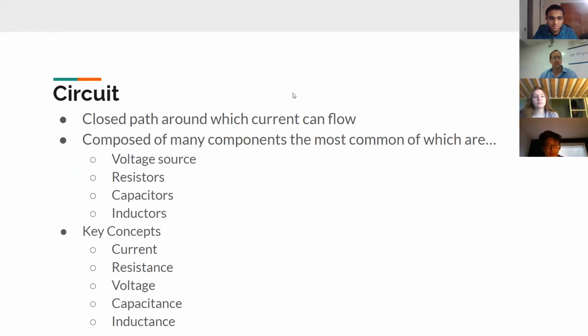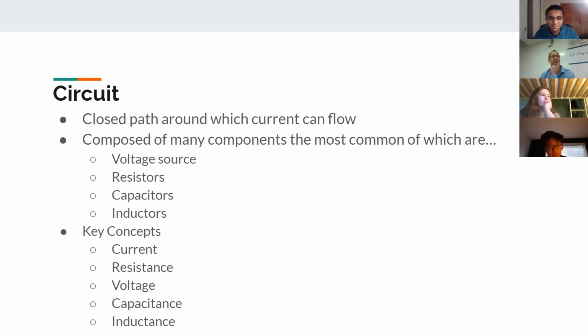And today, the first one is circuits. A circuit is just a closed path around which current can flow. To make current flow, of course, it needs to be a closed path. We need a voltage source, and then other common components are resistors, capacitors, and inductors.